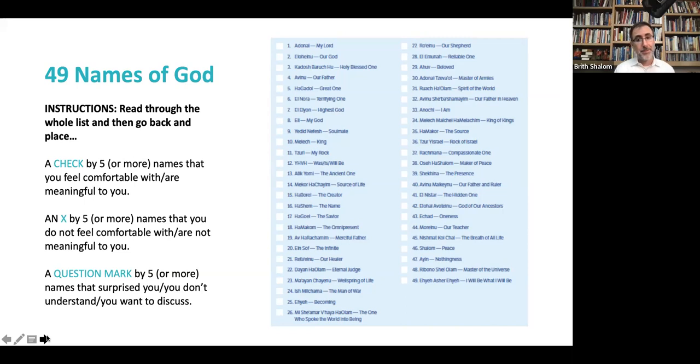There's another interesting take on this, which is in the Amidah, our standing, powerful, most intimate prayer, our silent prayer. We pray, blessed are you, God of Abraham, God of Isaac, God of Jacob, God of Sarah, God of Rebekah.